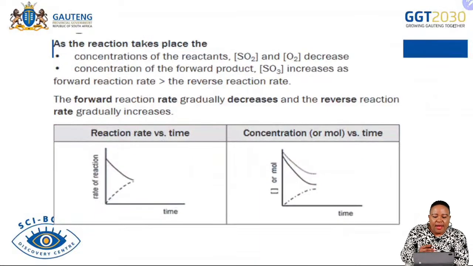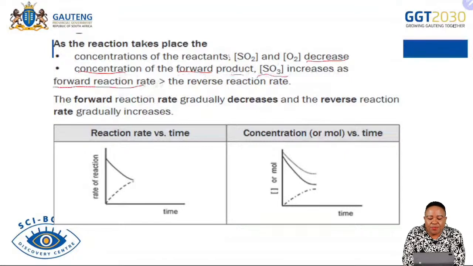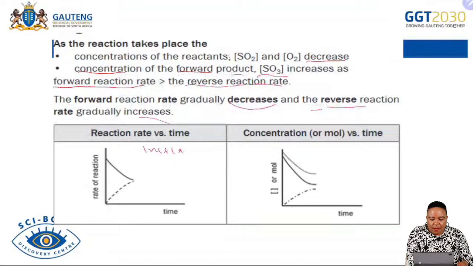Then the concentration of the reactants, which is going to be our sulfur dioxide and oxygen, will decrease, and the concentration of the product will increase, as the rate of the forward reaction is greater than the rate of the reverse reaction. So the forward reaction rate is gradually decreasing and the reverse reaction is gradually increasing. So this is at the beginning initially.